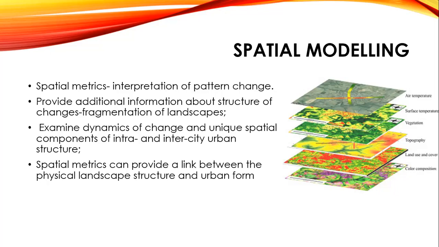You can either make use of spatial metrics on a two-dimensional plane, that is just the X and Y, or you bring in the third dimension, which is the height. So you have the 3D spatial metrics, so that you can have a link between the physical landscape and the urban form.